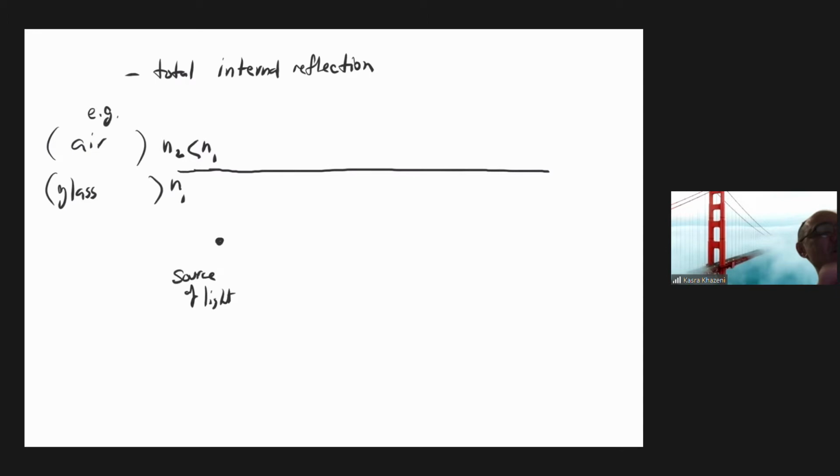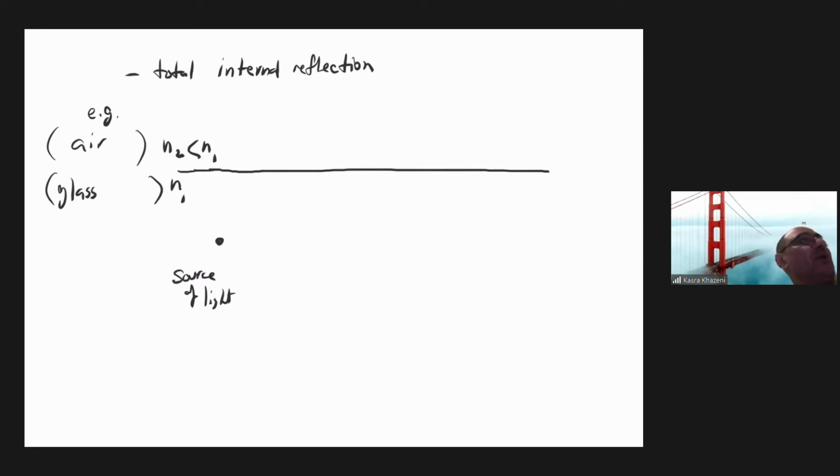This time the source of light is inside the glass, instead of coming from outside into it like we usually consider. Anytime you have an index larger than the outside and the light source is in the larger index, the situation is the same.